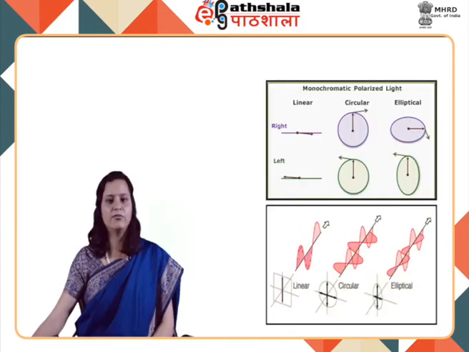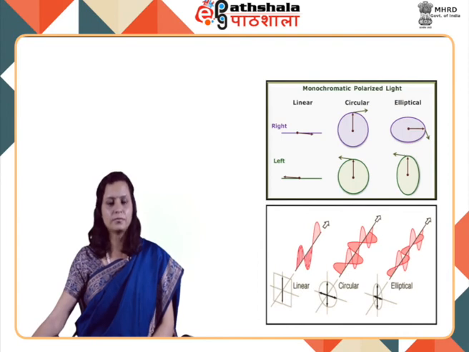Generally, if the light oscillates in a particular plane in space, then it is called linearly polarized. Light is a transverse electromagnetic wave and natural light is usually not polarized. So, all planes of oscillation are equally probable for natural light.